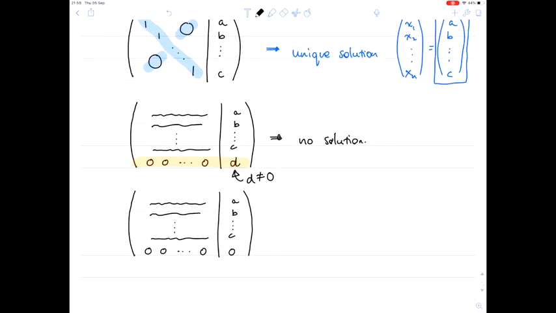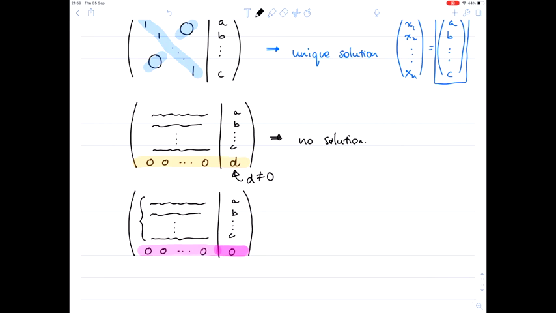And the final case that you can have looks a little bit like the no solution one, but it turns out to be very different, because here you have a row of zeros before the line representing equals, and you have a 0 afterwards. And this generally means that you have infinitely many solutions, but you need to be a little bit careful, because you need to see how many equations you have and how many unknowns.